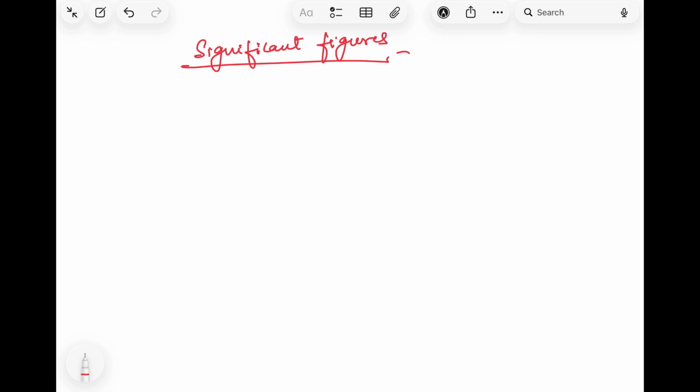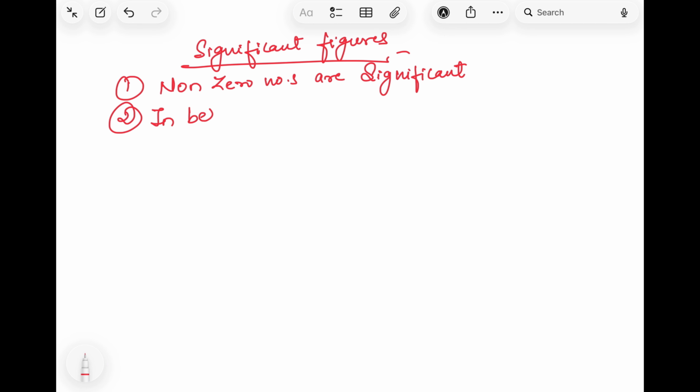But then also I'll give a quick recap of the four rules we need to follow to understand whether a number is significant or not. So the first rule says that non-zero numbers are significant. The second rule says that in-between zeros are significant. That means if there are non-zero numbers and there is a 0 in between those two numbers, then it is significant.